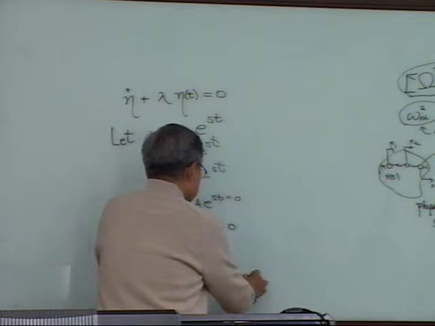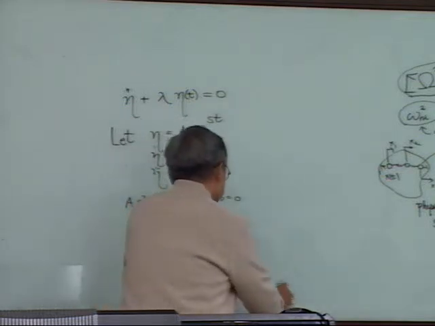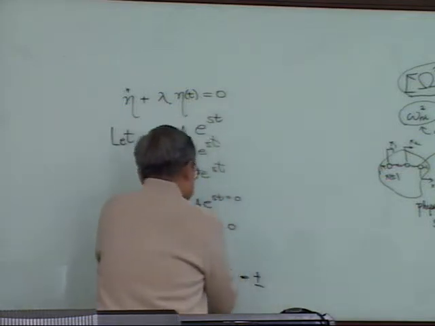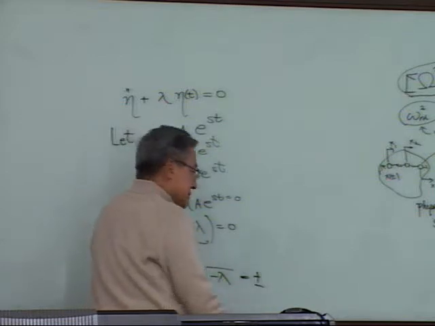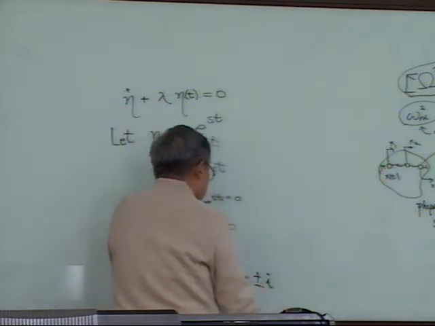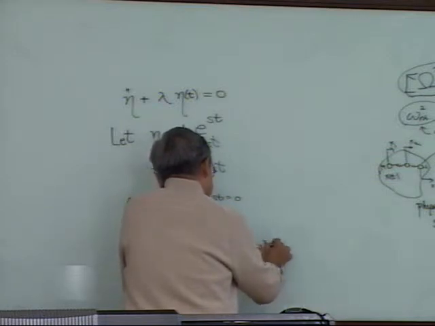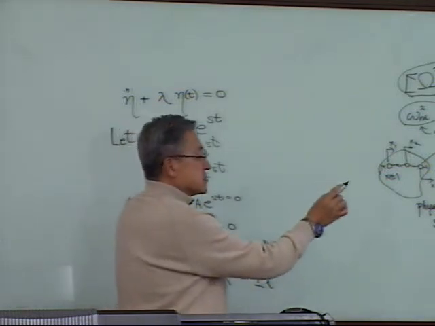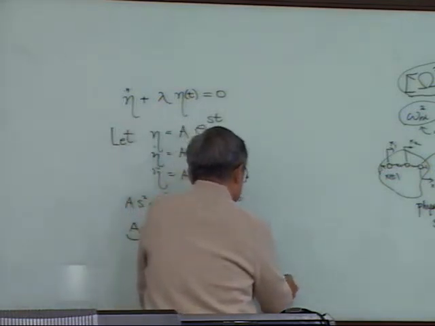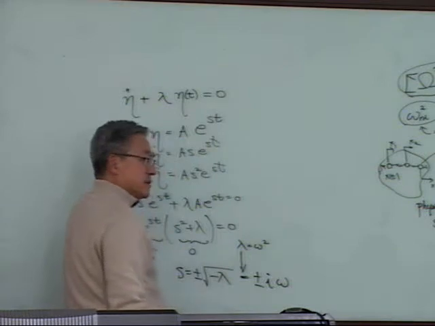Which is equal to plus or minus square root of minus, complex number i, lambda. Right here, I'm going to say lambda is equal to omega square, so that's equal to omega.